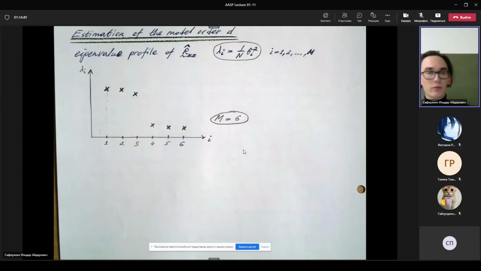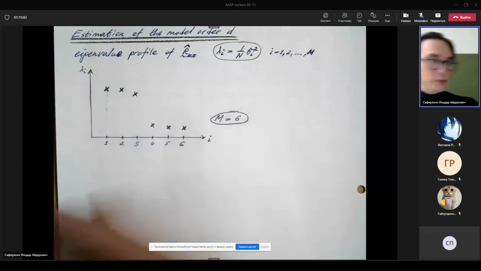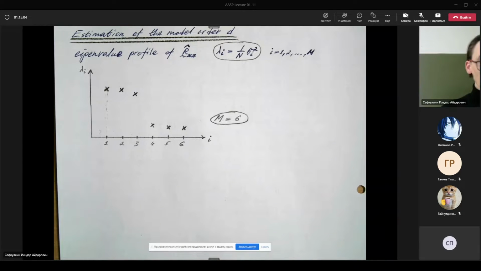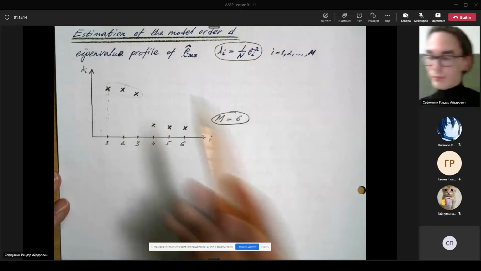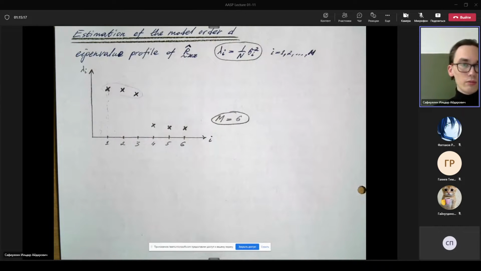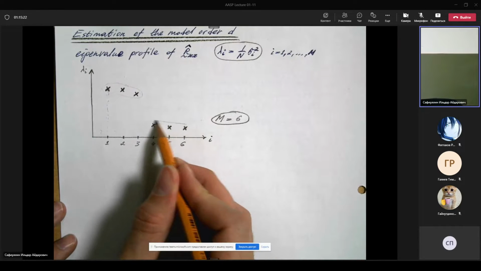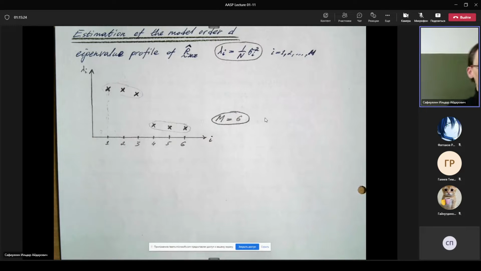So I gave you this eigenvalue profile before, but as I said, as an answer for a question. But now we will write it in our lectures. And here, based on this eigenvalue profile, you can see that we have, let's say, a cluster of elements here, and a cluster of elements here.